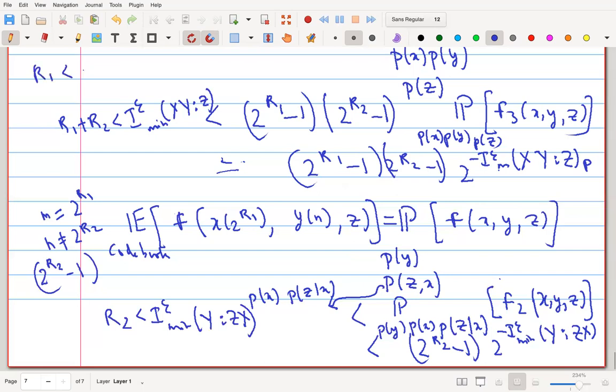In the third case, R1 is less than I epsilon min X to Z. So is it now clear to everybody? The three constraints come out naturally in this analysis. Hari, clear? Yeah, good. So that's it.